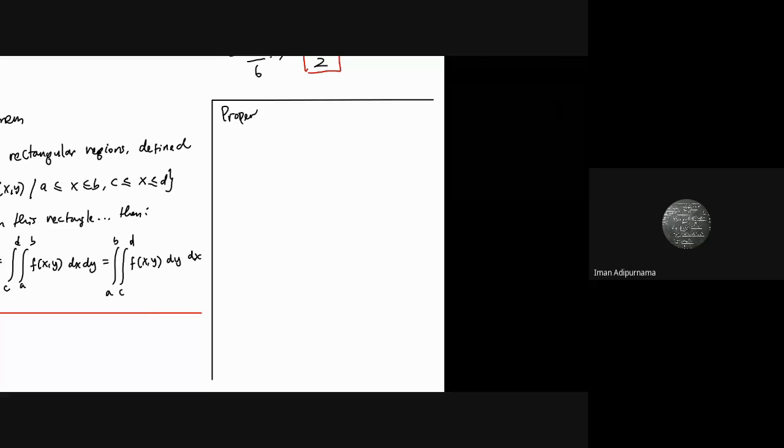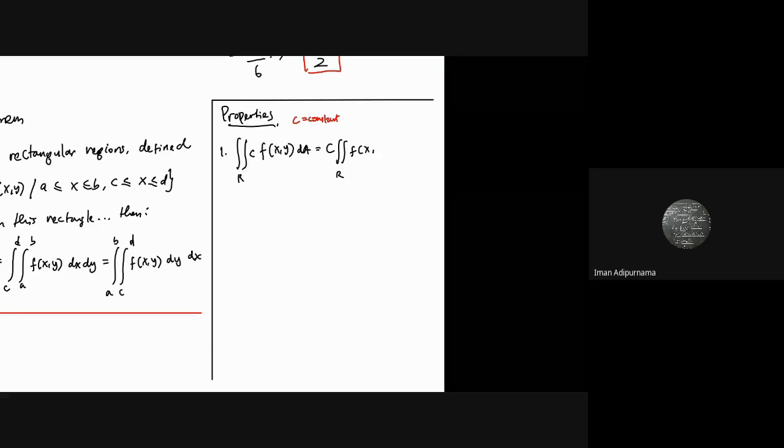So, properties. If you have a constant, C is a constant. This is plus or minus.